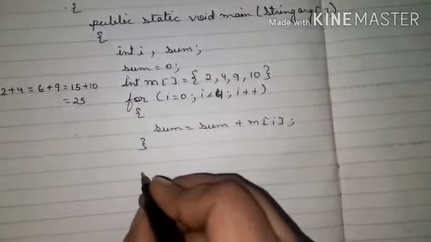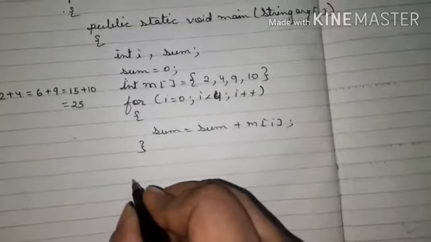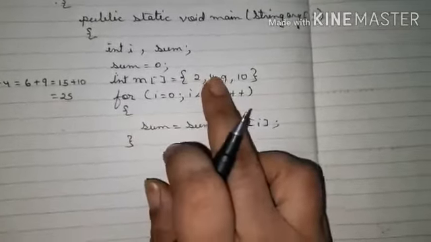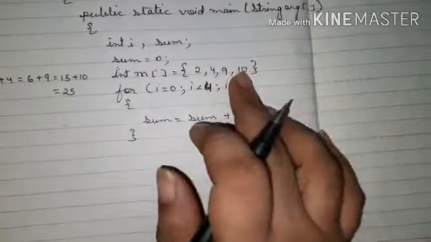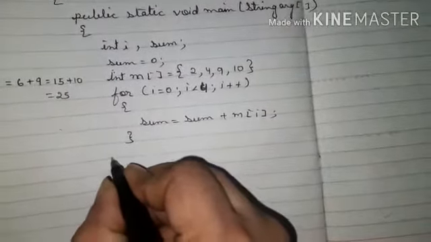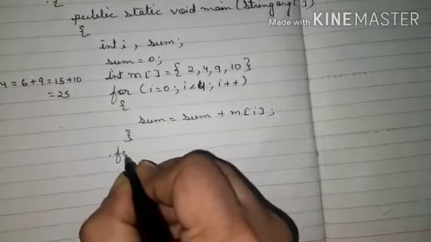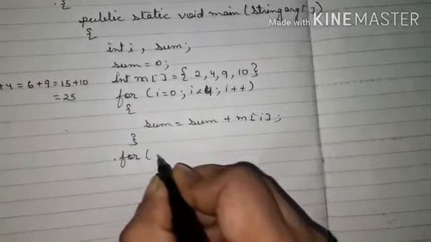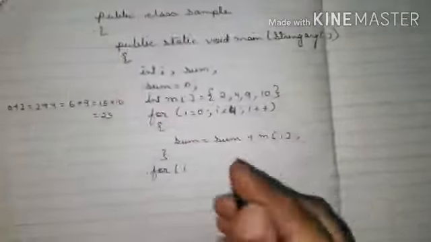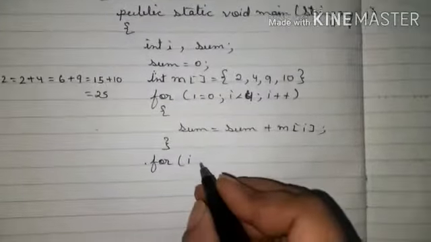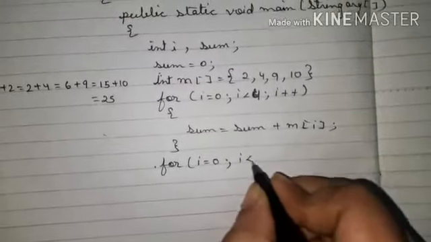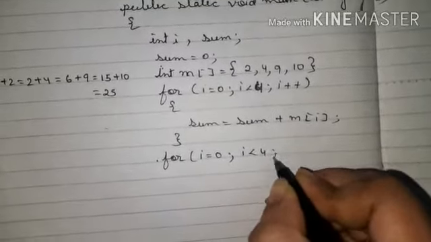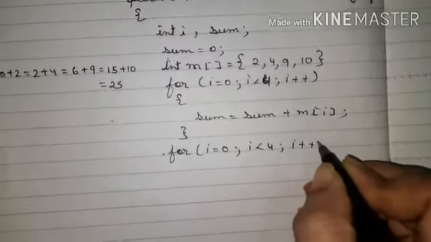Now we have to display the sum and display the array. First let's display the array. To display each of the elements, we have to write a for loop: for i equal to 0, i less than 4, i plus plus.